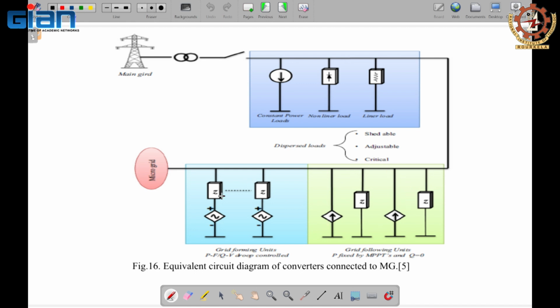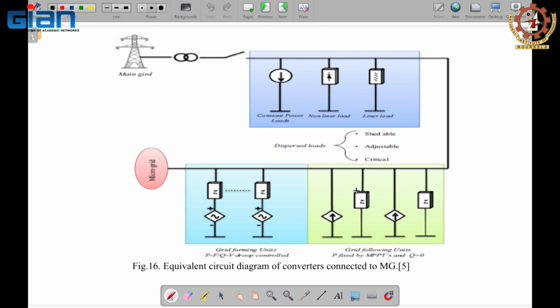Okay. So here you can see this grid forming, as you will see, a source in series with the impedance. So it will appear like the Thevenin system. You recall circuit 1? As we draw this Thevenin circuit, a voltage source in series with the resistance or impedance.